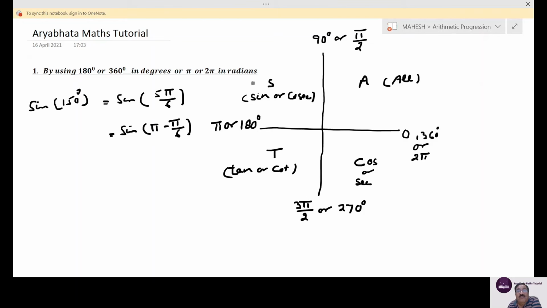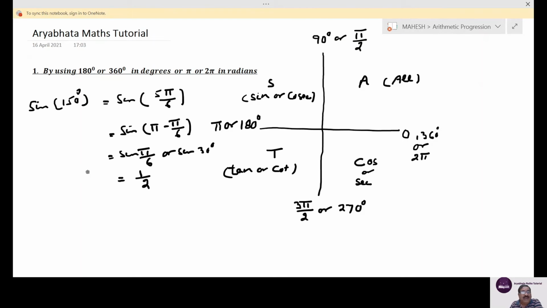Pi minus pi by 6 is in the second quadrant, therefore in this case sine will be positive and its value will be sine pi by 6, or sine 30 degree, and its value is 1 by 2.